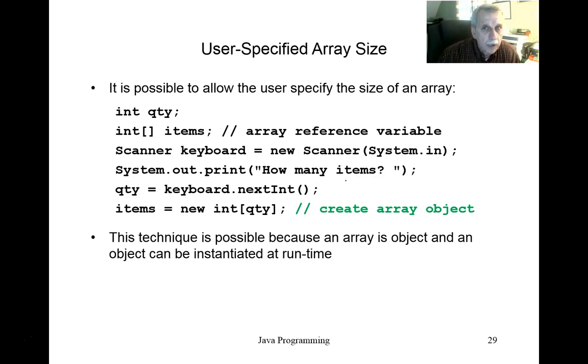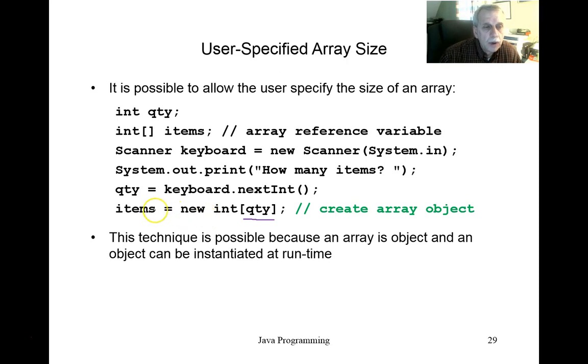So that is determined at runtime, not at compile time. Then we take the response of the user and use that when we invoke the new operator to bring the array into existence. This is a possibility for us because an array is an object in Java, and the object is instantiated at runtime.